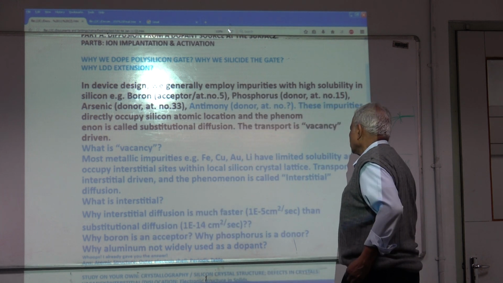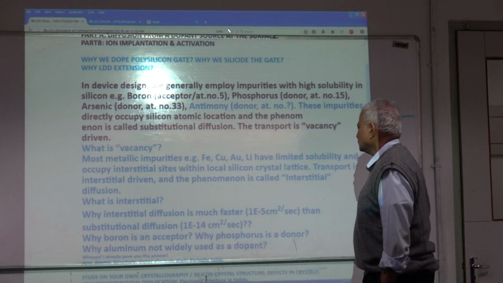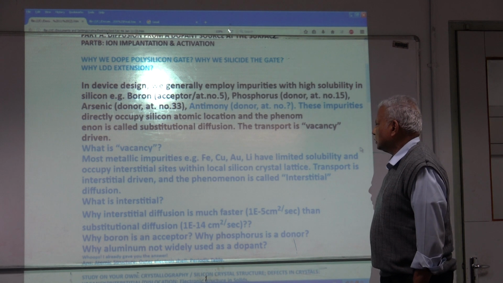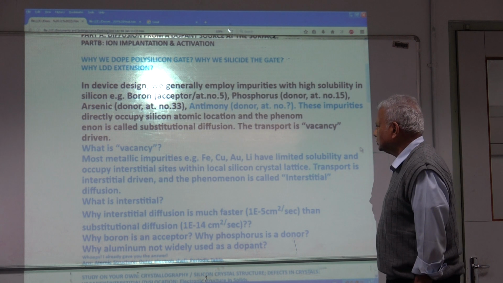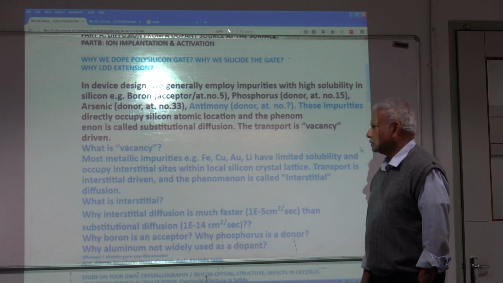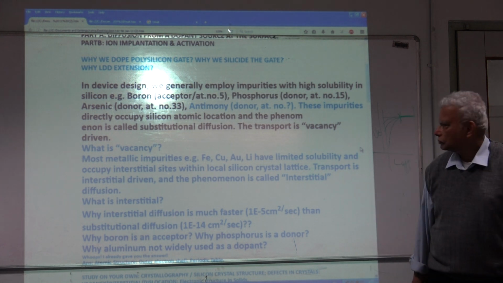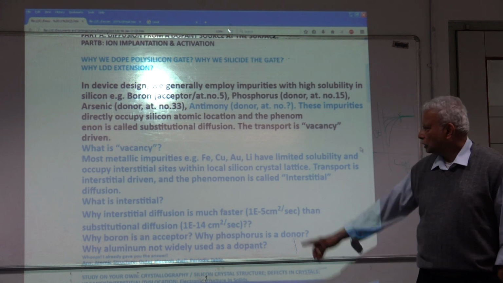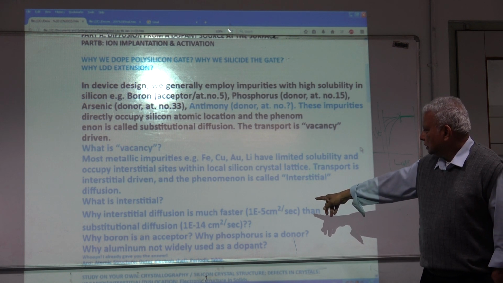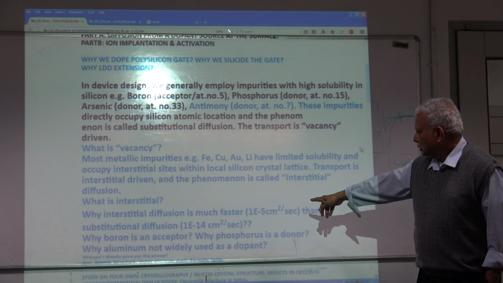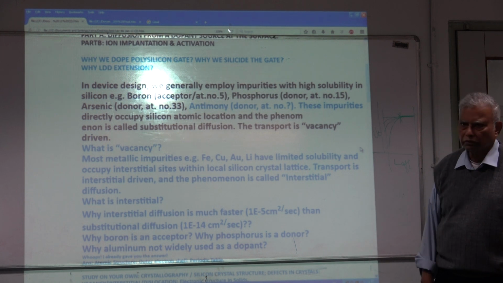Interstitial diffusion is much faster compared to substitutional diffusion. Can you tell me why? Look at the speed, velocity. 1 × 10⁻⁵ centimeters per second versus 1 × 10⁻¹⁴ centimeters.